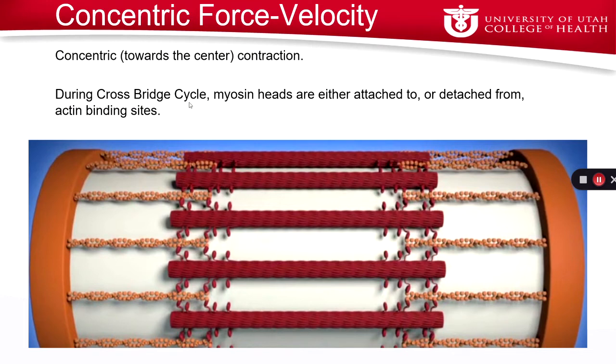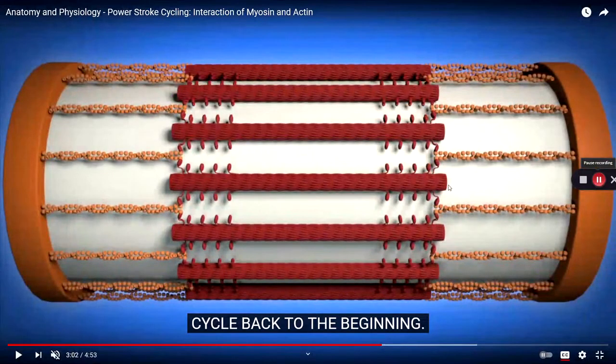And during the cross-bridge cycle, myosin heads, as you've seen in some of the animations, can either be attached to or detached from actin binding sites. And so here you see an animation where you have a set of myosin heads bound to actin filaments.